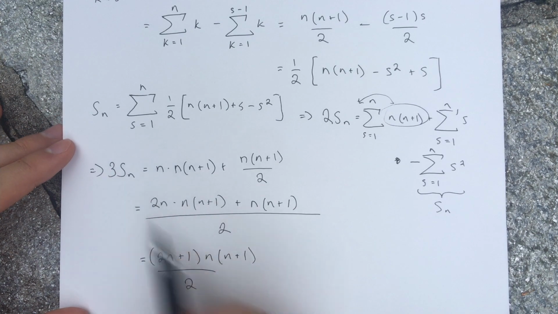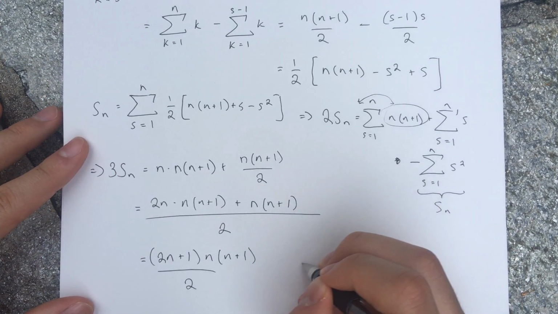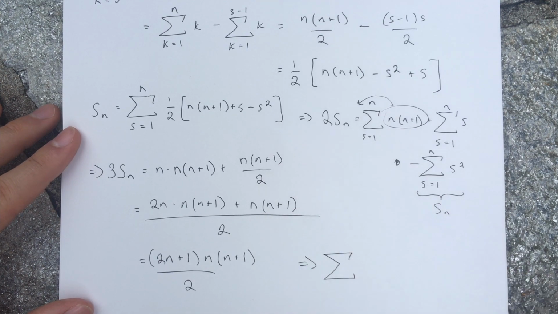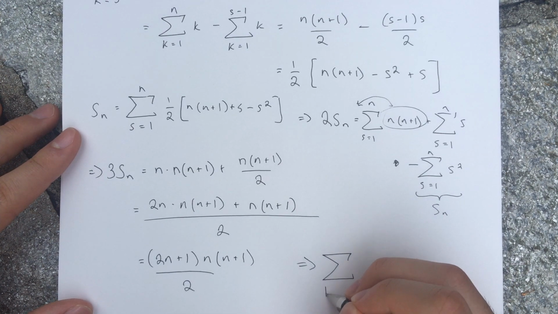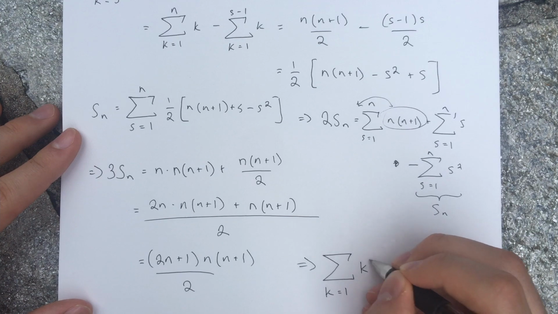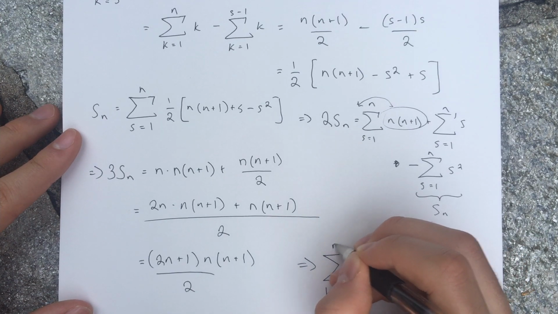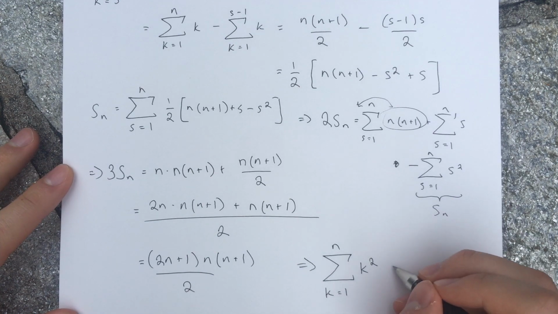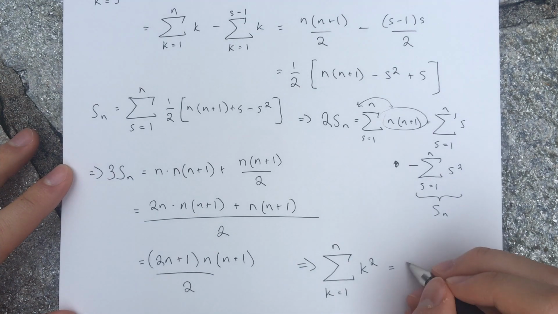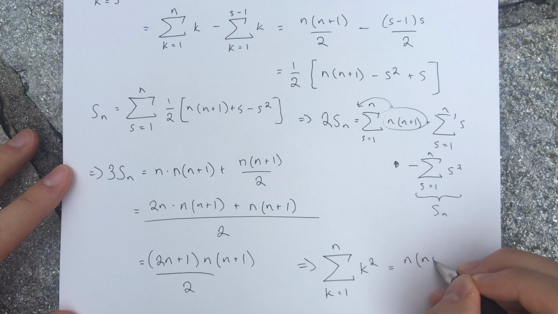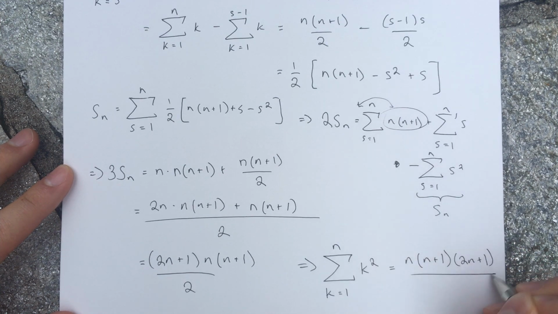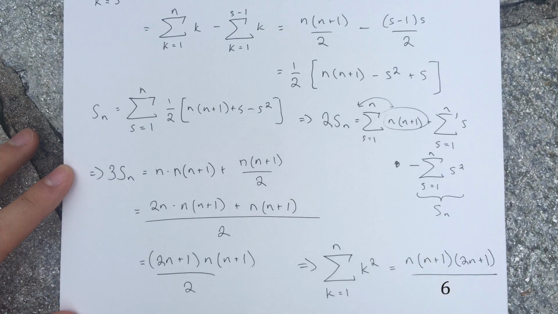And now, dividing both sides by 3, we'll get Sn, which is just the sum of k squared from k equals 1 to n. This is equal to n times n plus 1 times 2n plus 1 over 6.